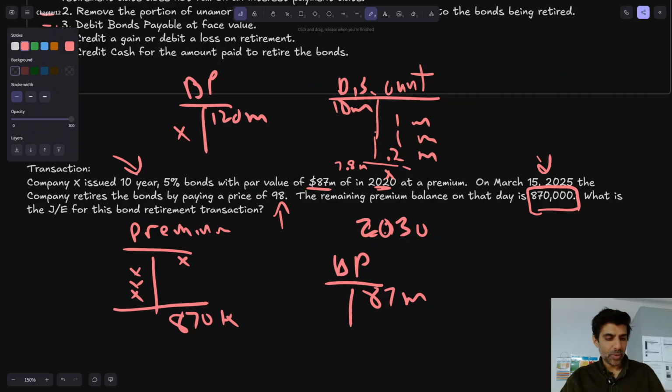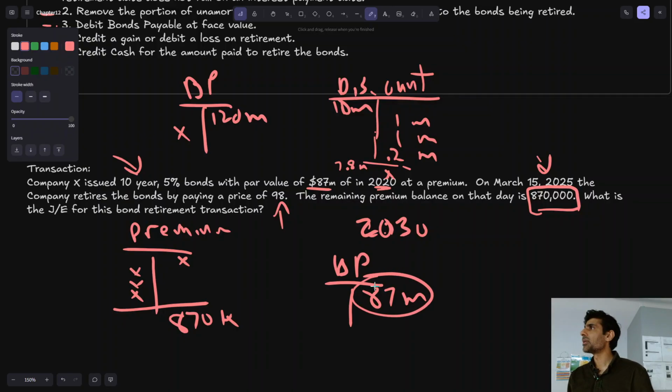Okay, so now we want to retire it at 98. What is the calculation for how much cash we're going to put up if we're paying 98 cents on the dollar? Is it 98 times what? Any ideas? Yeah, Mohammed. Yes, the pricing is always on par value.